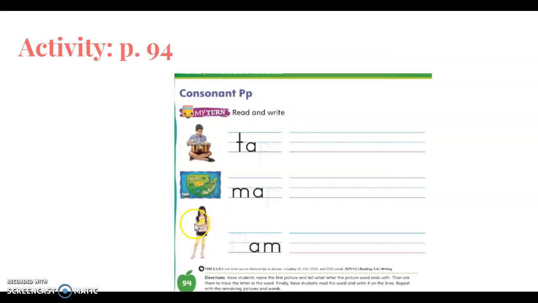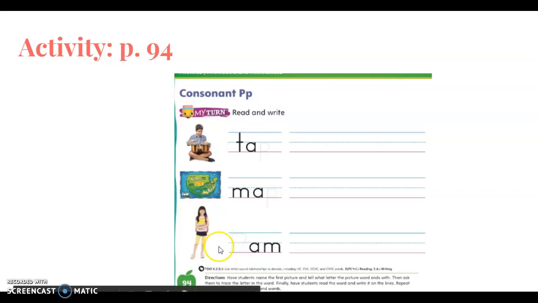The final picture is a picture of a girl, and her name is Pam. So instead of having a final sound of P, like tap and map, we have an initial or beginning sound P, P, Pam.